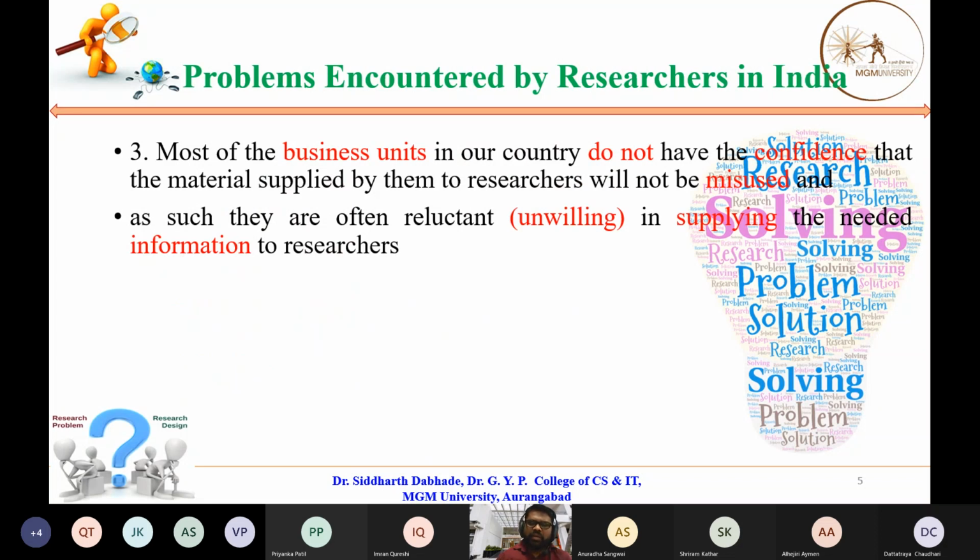Another important third point is that when you want to do real-time research work, you face real challenges in society.